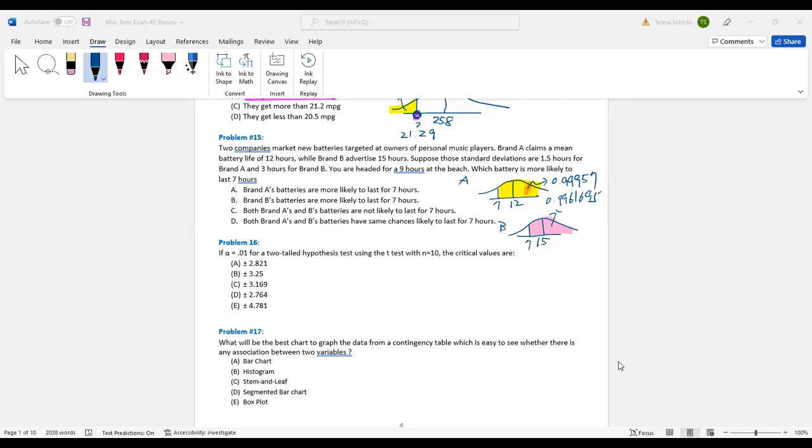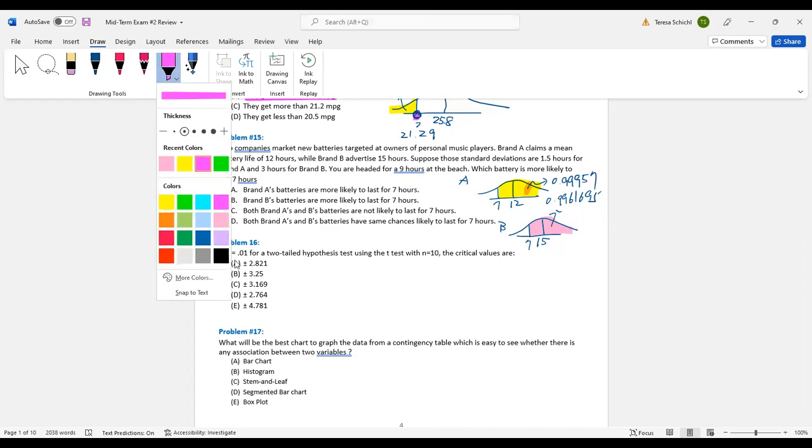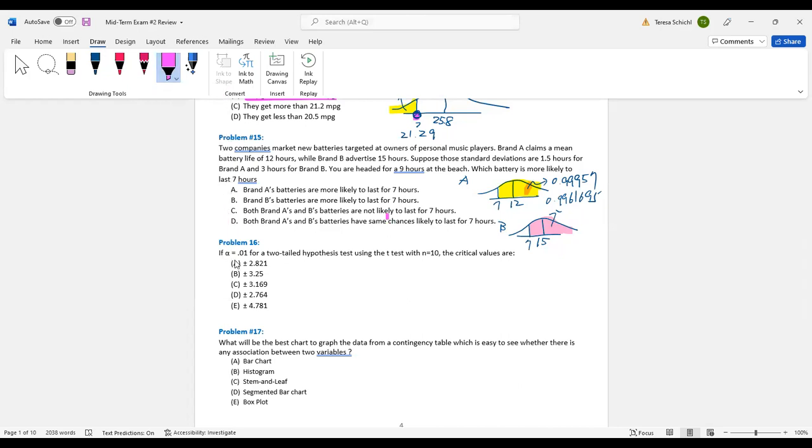Okay, so let's go back to the exam here. So I know that battery A is 0.99957, battery B is 0.9961. So which one is more likely to last? It's brand A's batteries, right? It's more likely to last 7 hours as it has the higher probability here.